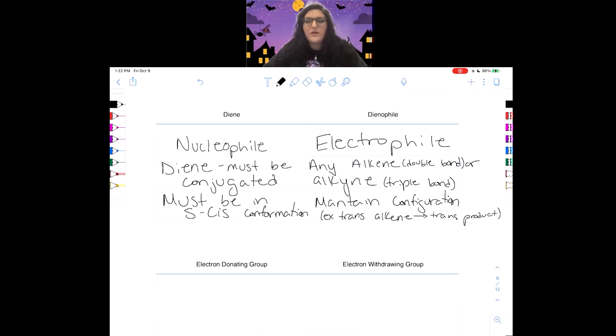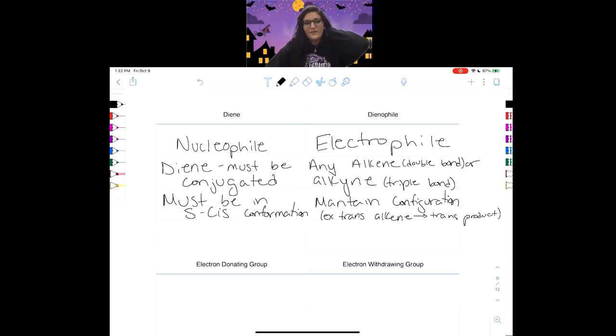If you don't know exactly what that means, I'll do a bunch of examples in a second, just so everyone's clear. And then the last thing, I actually want you guys to logic out a little bit. If we have the nucleophile and the electrophile, we know that the nucleophile to attack needs electrons, and the electrophile wants to have very little electron density, so it can have a delta plus, so it's more reactive, right?